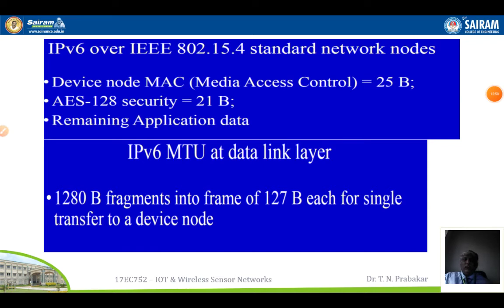That is the security algorithm that has been used, and the remaining things are going to be the application data, right? And the IPv6 MTU at the data link layer, right? So at the data link layer, what is the size? As I already told you, 1280 bytes of data will be there, and that will be given into so many frames of 127 bytes each. So that is the maximum transferable unit of that particular data link layer that can be transmitted, right?